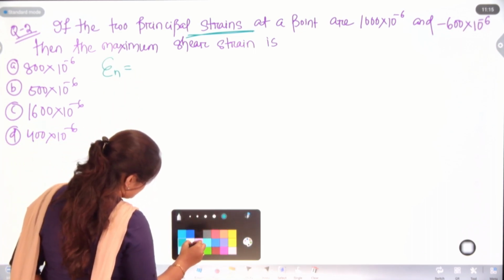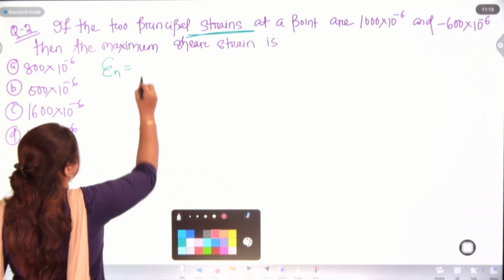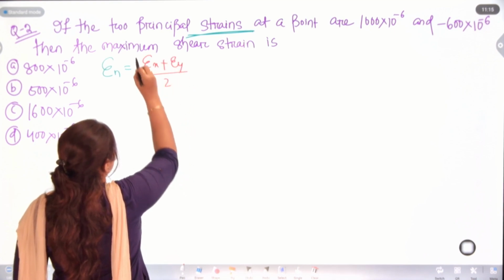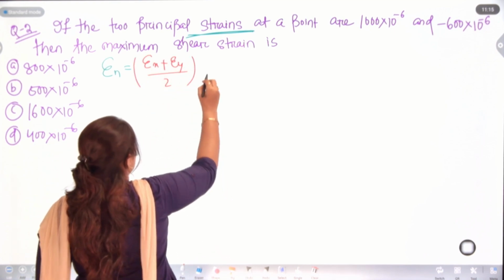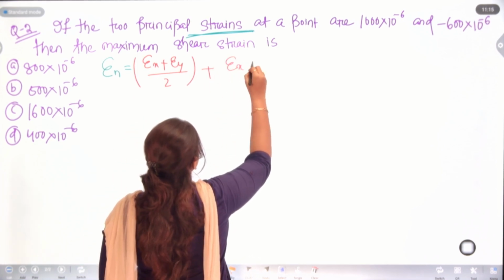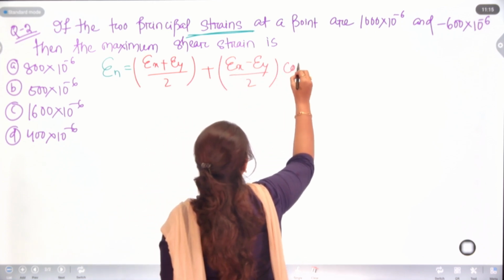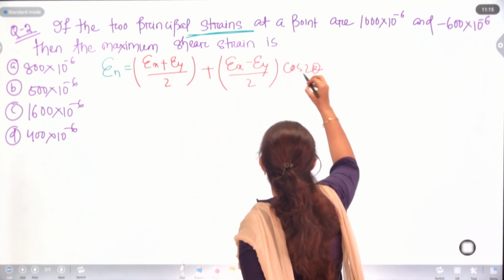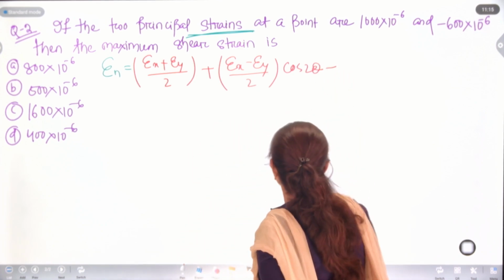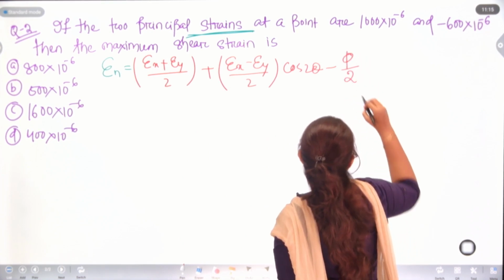The normal strain, the normal principal strain, is nothing but epsilon x plus epsilon y upon 2, plus epsilon x minus epsilon y upon 2 into cos 2 theta, minus, in case of shear stress tau, we have here phi upon 2.